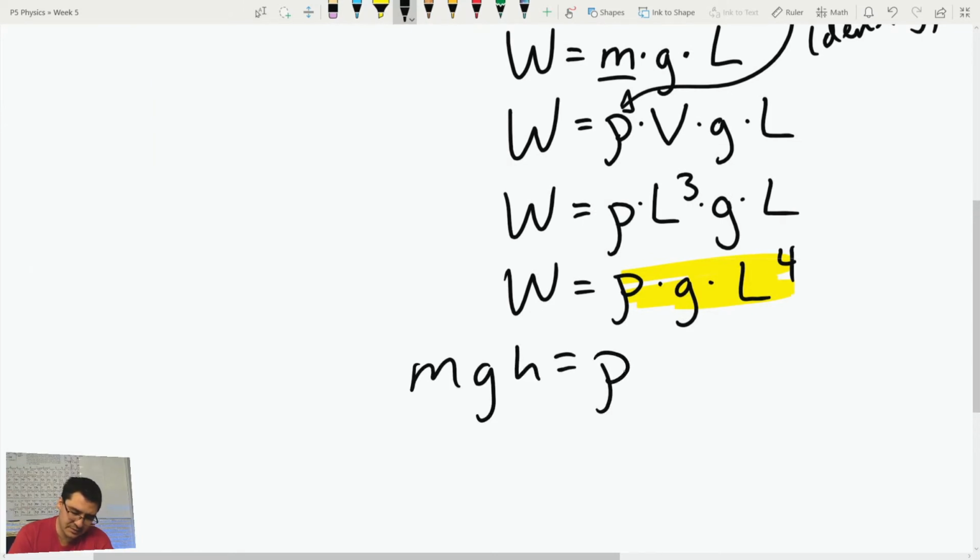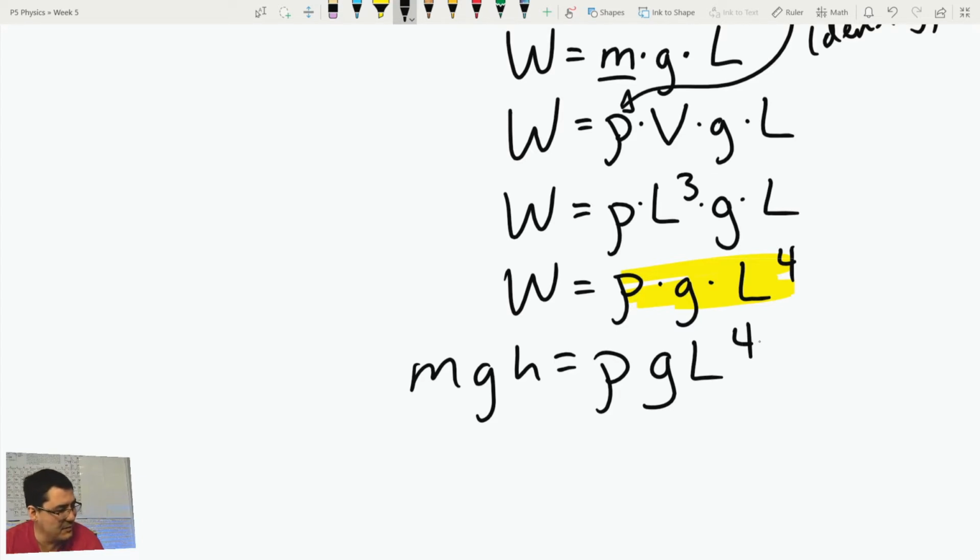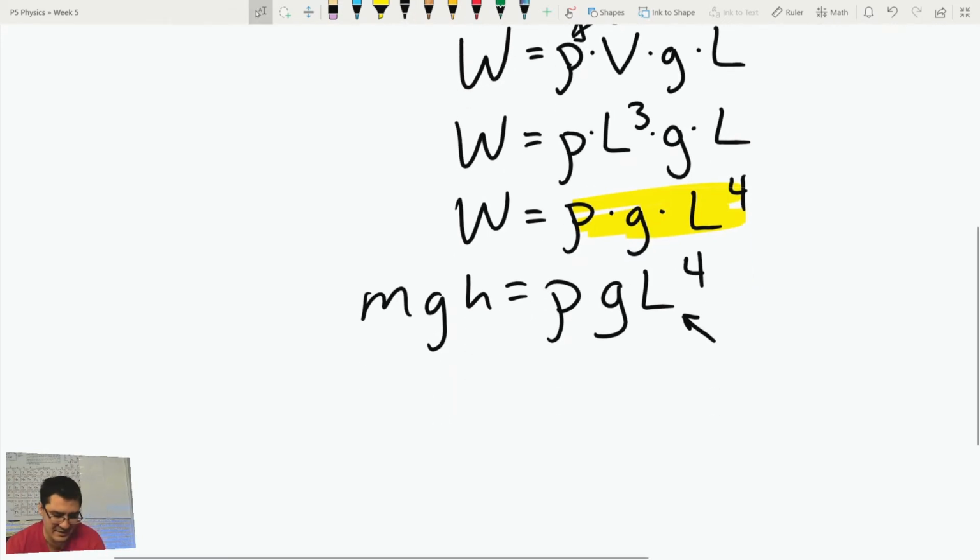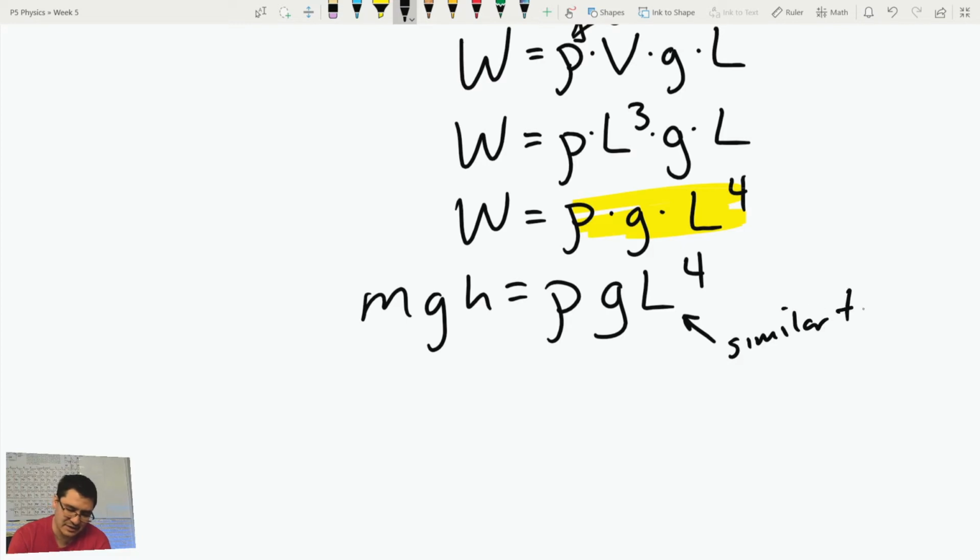and set it equal to rho g L to the fourth. And this is pretty much the final derivation. We're just going to massage it a little. The length of the crater is proportional to the diameter, so let's say it's similar to crater diameter.